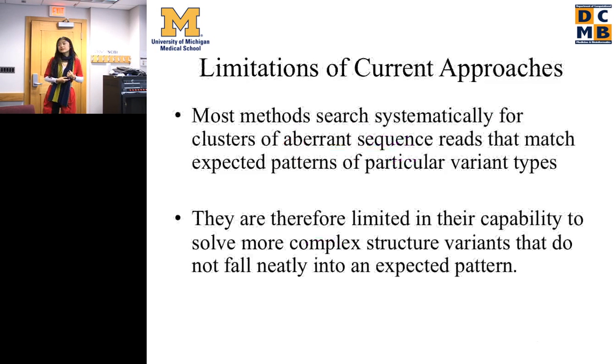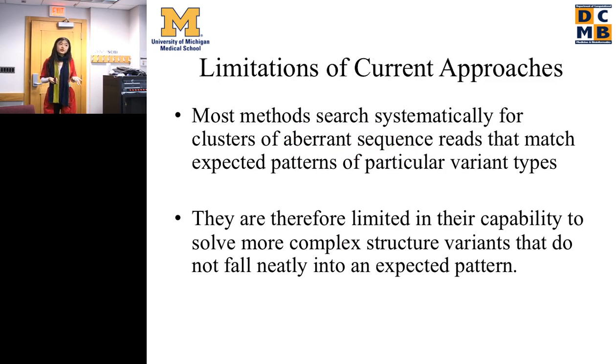To solve situations like this, the current published approaches have limitations, because most of these methods, when they start to solve this sort of problem, already set some expected patterns of particular variant types, and they try to search for these variants, these very abnormal reads that could match their expectation.